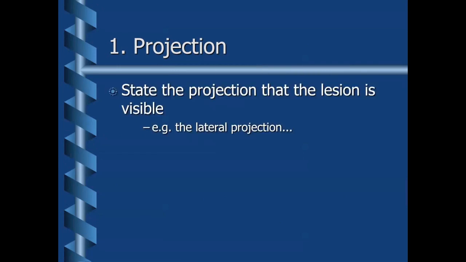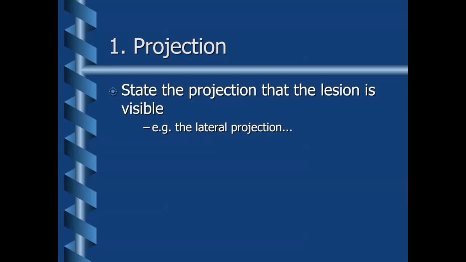So firstly, the projection. You need to state the projection that the lesion is visible in. For example, it might be in the lateral projection. Now, if someone's got a lesion, and let's for example say it's a lesion within bone, and it might be a benign bone tumour, for example, it may well be present in one projection, but not in another.